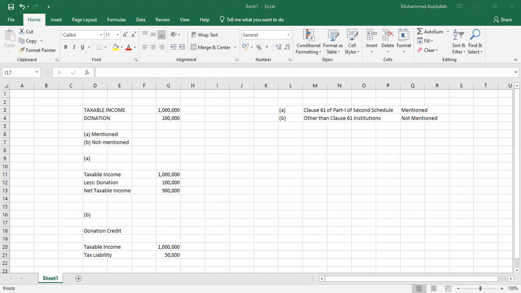Okay, now what we will have to do here is calculate the donation credit. First of all, I would like to show the formula of donation credit.